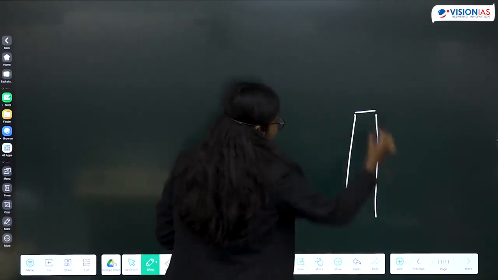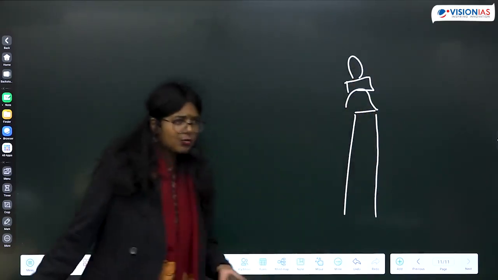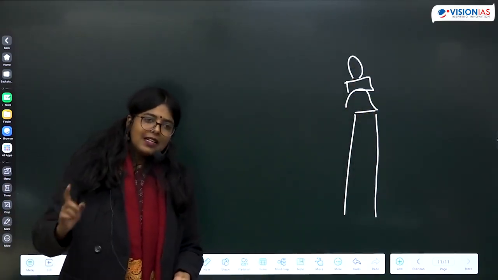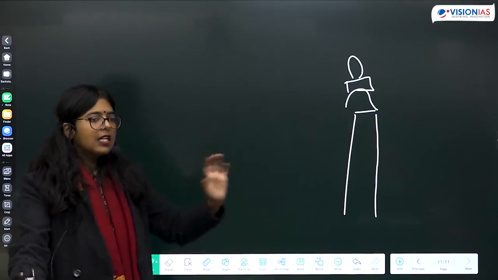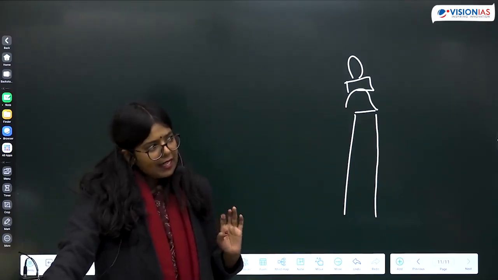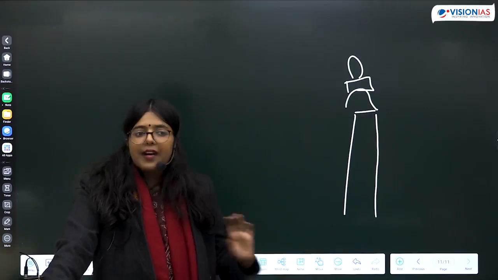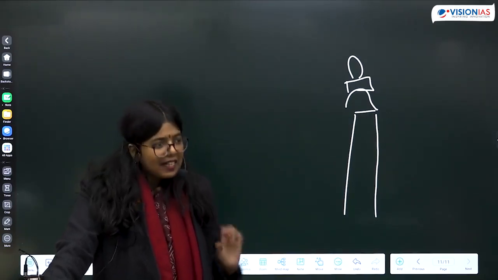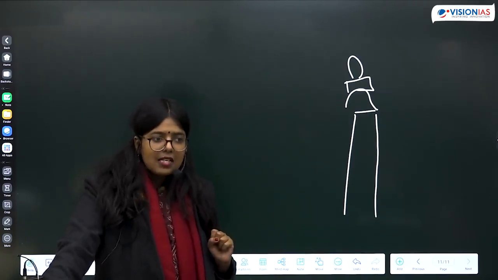There is a shaft, then bell capital, then abacus, then this crouching animal. In different areas, the crouching animal is different. The majority have a lion, but in certain areas we also find the bull capital and the elephant capital.